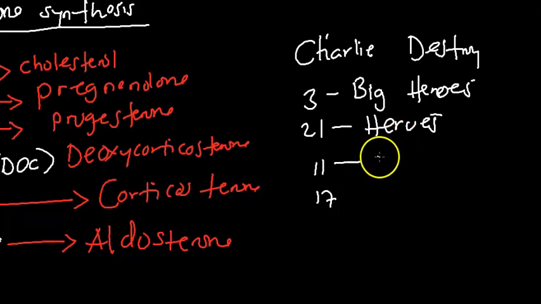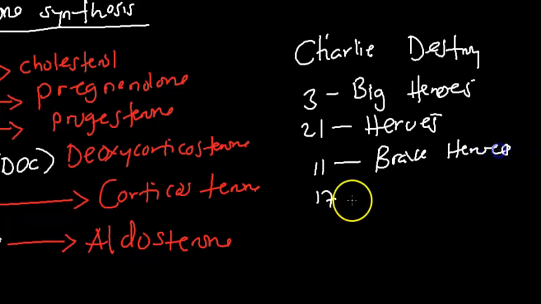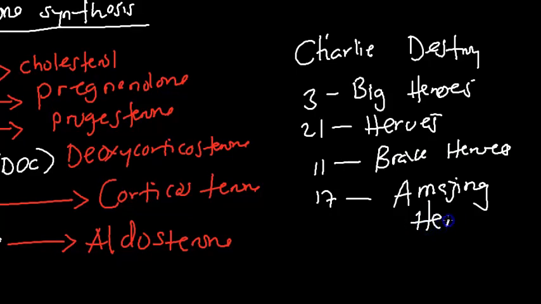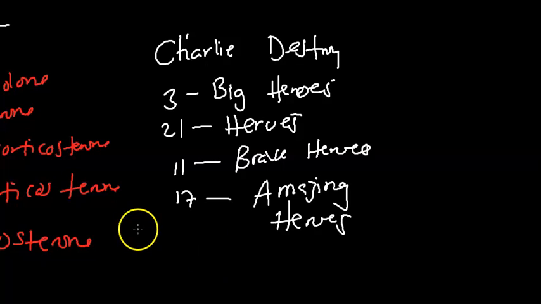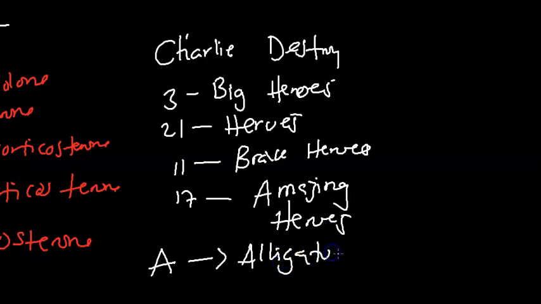He also killed 11 brave heroes. And he also destroyed 17 amazing heroes. So after destroying 17 amazing heroes, we have the last but not the least, which is A. So here we can say alligator love dancing.